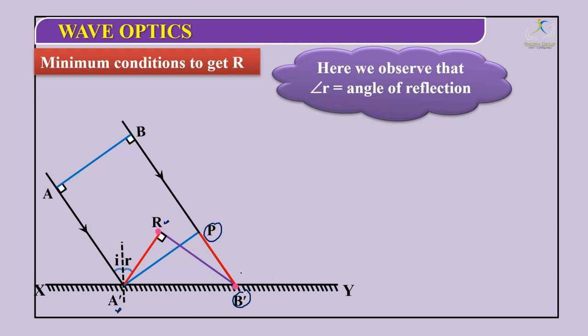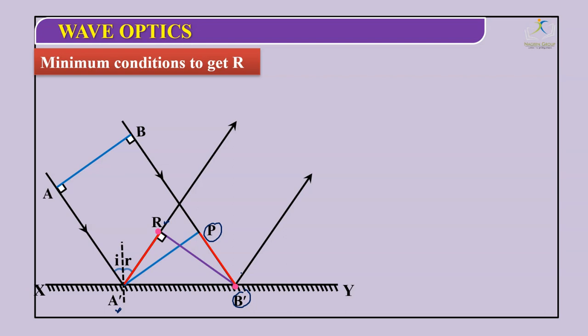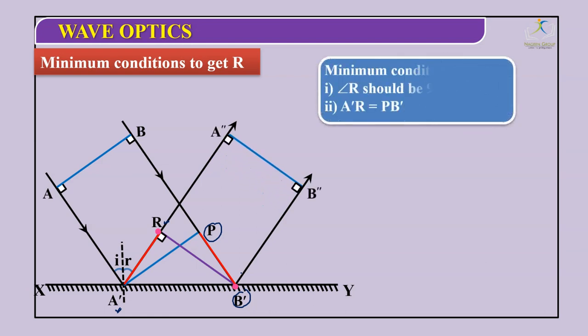Now here, as you can see students, this is the angle R, which we are calling the angle of reflection. This is the reflected wave, friends. The condition to get the value of R is that R should be less than 90. A prime R is equal to PB prime.